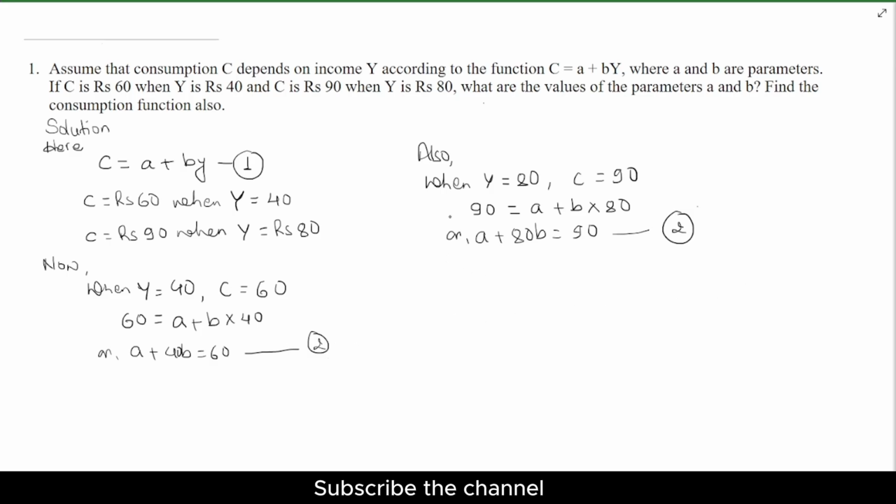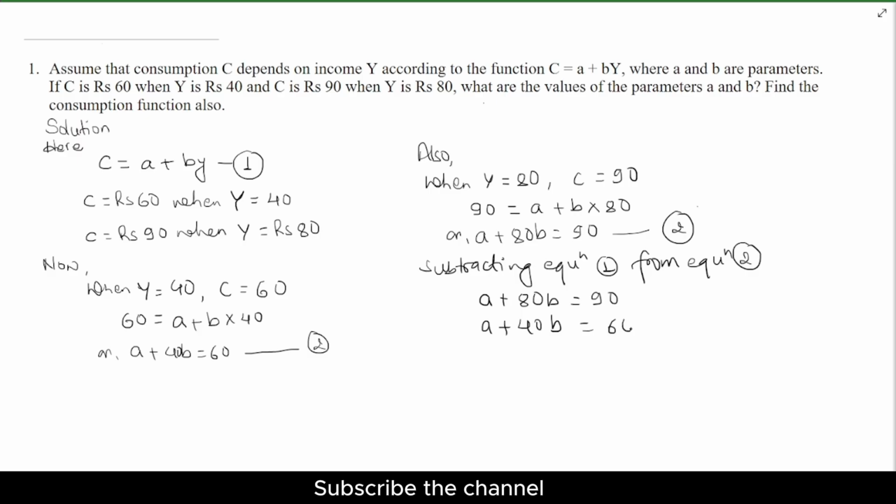Now we're going to solve these two. What you need to do is we'll subtract equation 2 from equation 3. What will you get? We'll write equation 3 first and then equation 2. Equation 2 is A plus 40B equals 60.